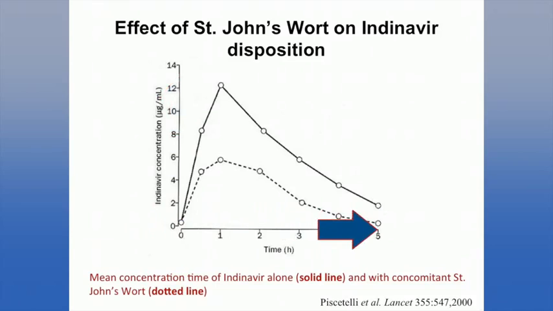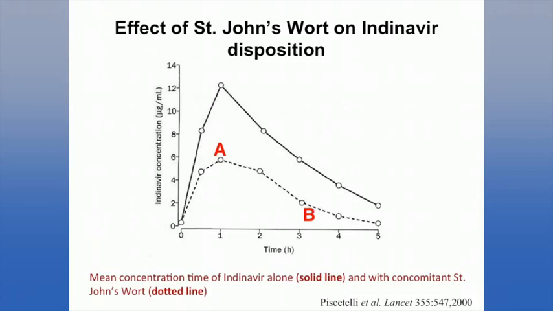So the plasma concentration as a function of time. Indinavir on its own, indinavir together with St. John's wort. And what you are essentially showing is the plasma concentration of indinavir in the setting of St. John's wort, A, reaches a much lower peak, and B, is metabolized much more rapidly.